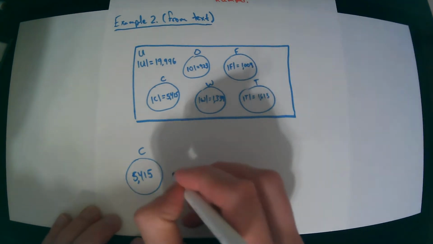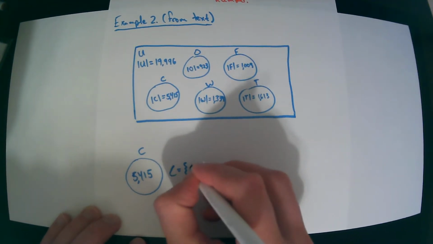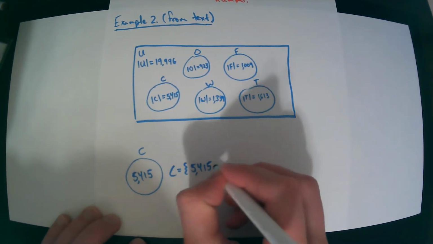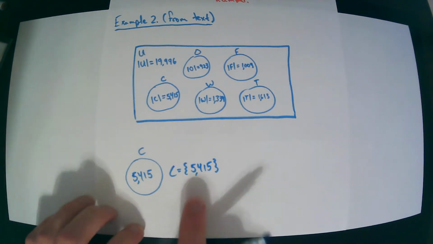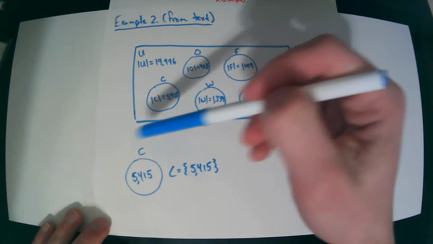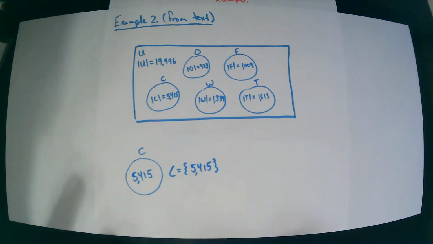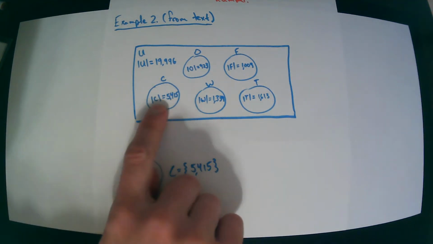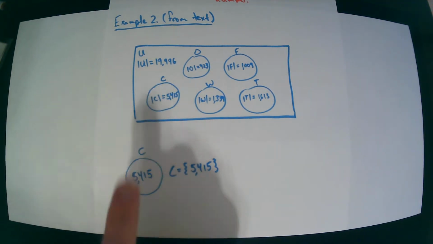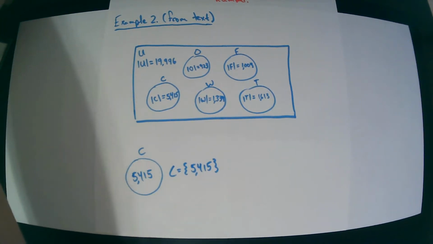So this means that C is equal to that set with just a single number in it. A big number, but just one number. But that's not what this is, right? C is supposed to be a set of charging stations, right? So this is telling us the number of items in the set. This is not the correct notation for that.